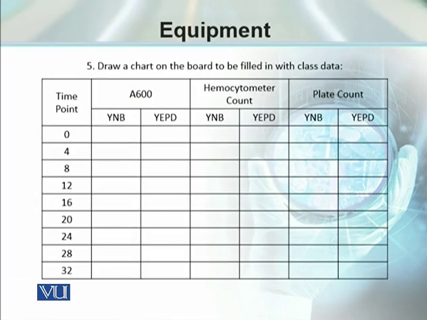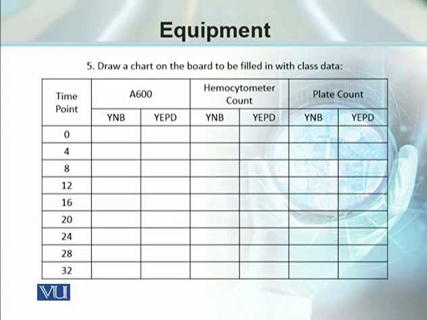In the minimal media, in the complex media, absorbance at the given time interval should be recorded. The hemocytometer count of the samples should be recorded, and the plate count or the colony count should be recorded. Now this is the data which will help you to construct a growth curve.